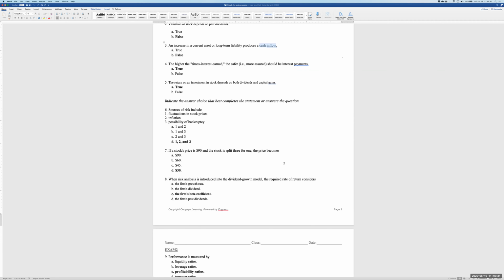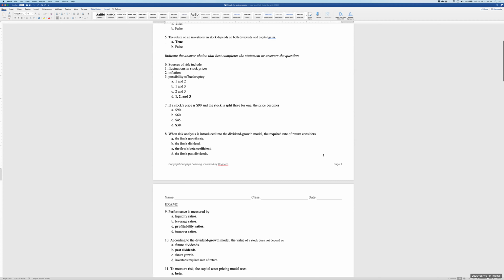Just interrupt me if you have questions, doubts, or whatever, and I will try to explain. It seems to be very straightforward, but let's see. So question 6, sources of risk include fluctuations in stock price, correct? Inflation, correct? Possibility of bankruptcy of the company, correct? So all 3 are correct.